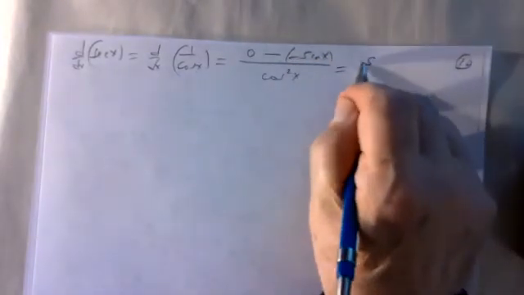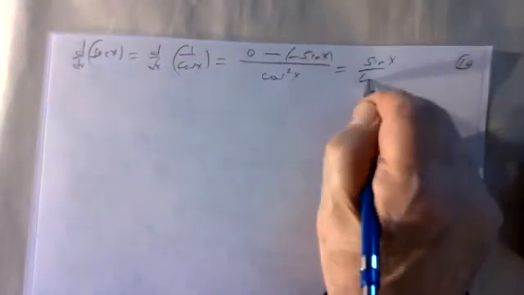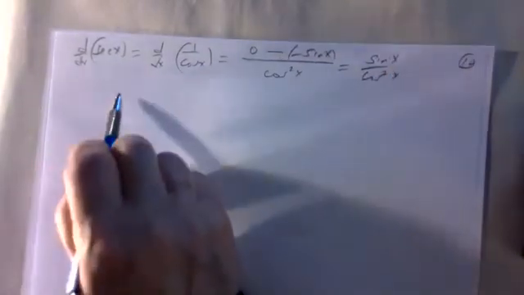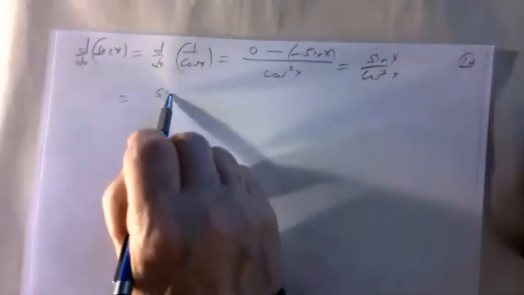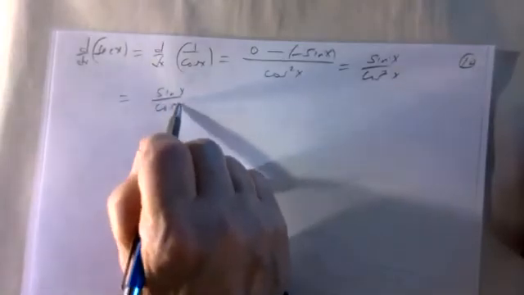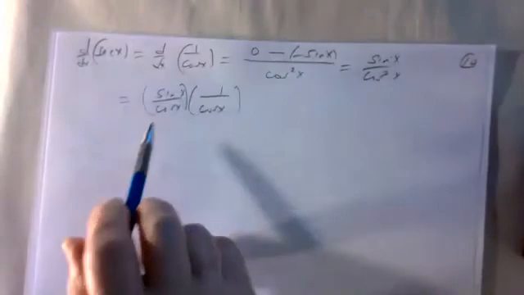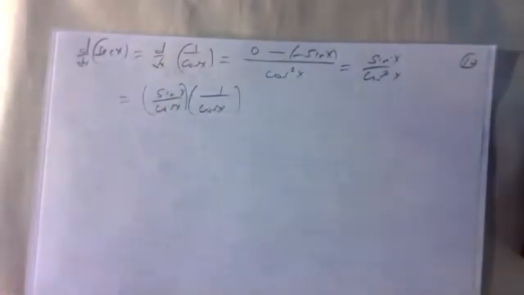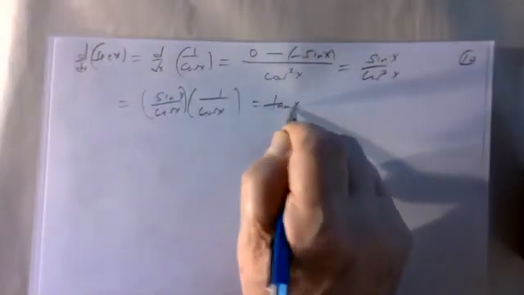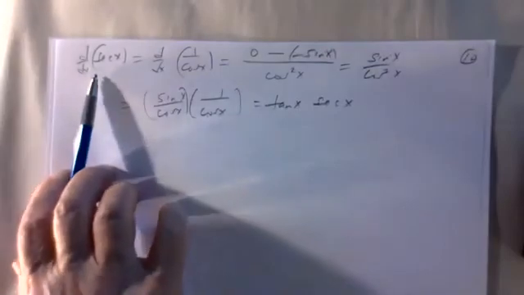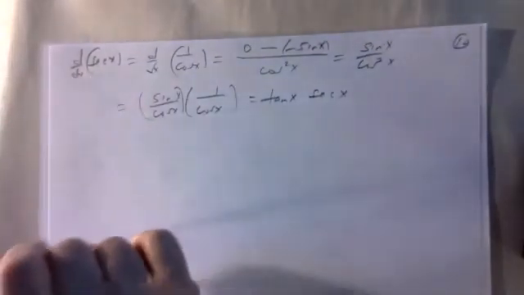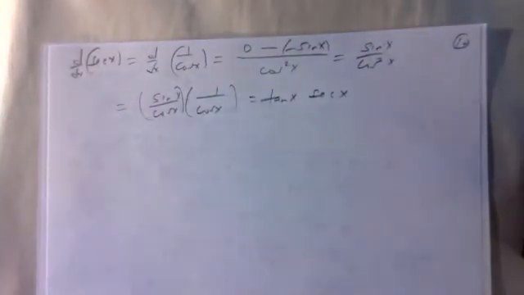Minus times minus is plus. So this is sine x over cosine squared x. Or you can write this as sine x over cosine x times 1 over cosine x. Cosine times cosine is cosine squared. This is the tangent. This is the secant. So the derivative of the secant is the tangent times the secant.